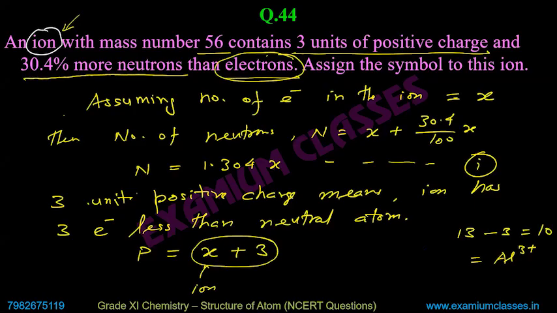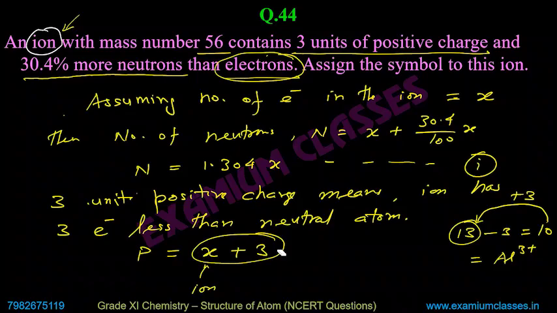It means actually there were 13, so you have to add 3 to the electrons in the ionic form to get the total number of electrons in a neutral atom. In a neutral atom, the number of protons and electrons will be equal, but the number of electrons in the neutral atom will be x plus 3, 3 more than in the ion.